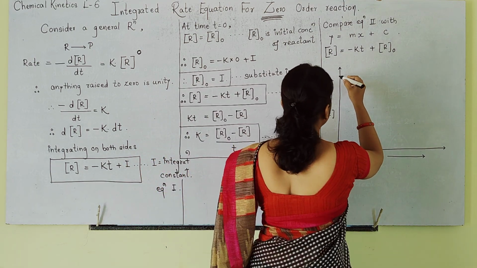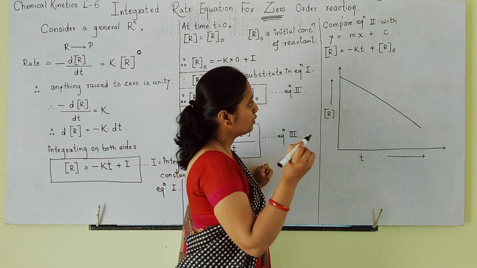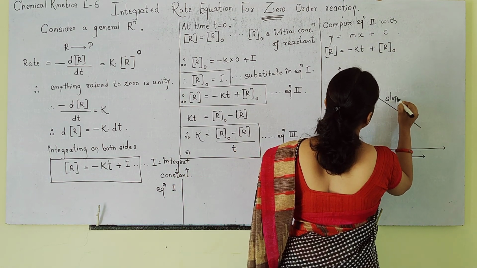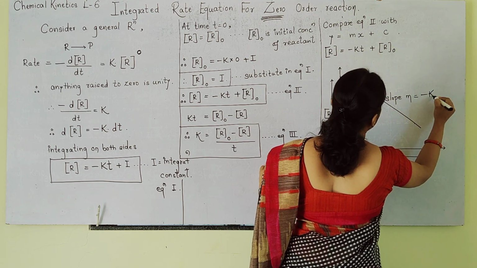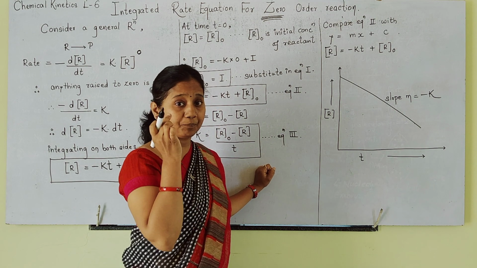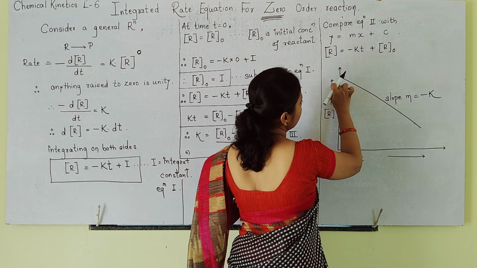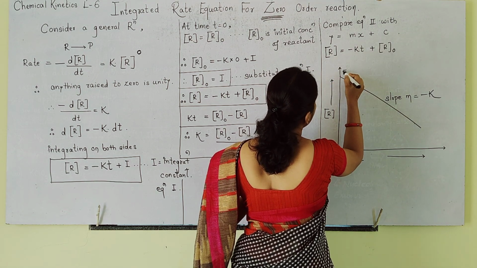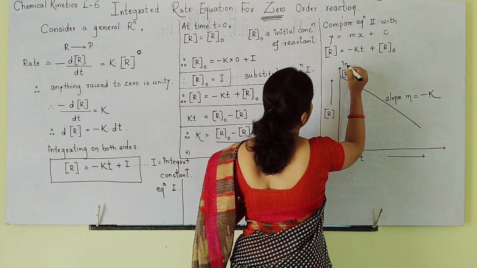So our graph will come like this. Here, what is M? Slope. Slope M is equal to minus K. Negative slope is there and it touches the y-axis here, that is the intercept. I will write here R naught is our intercept.